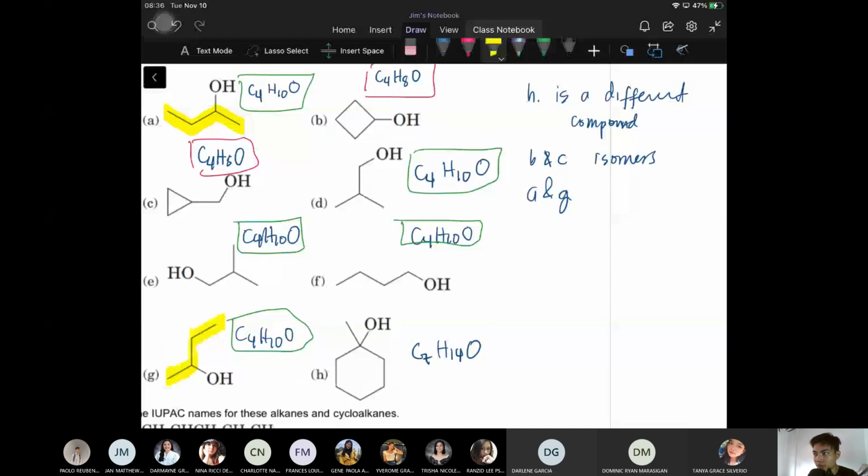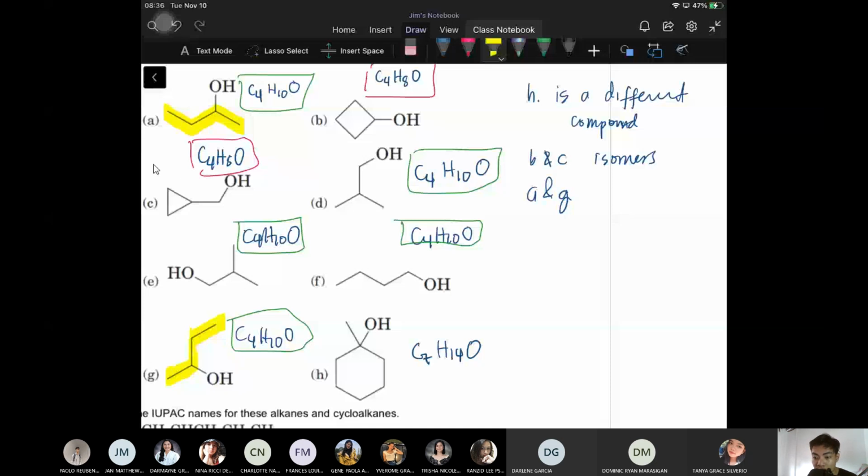Okay? So, yan yung kanilang parents. Naka-highlight na. Next one, check mo kung saan nakakabit yung substituent. So, bilang ka. From the right, that's 1, 2. Okay? From the end, that's 1, 2. So, nasa second carbon yung dalawang OH.